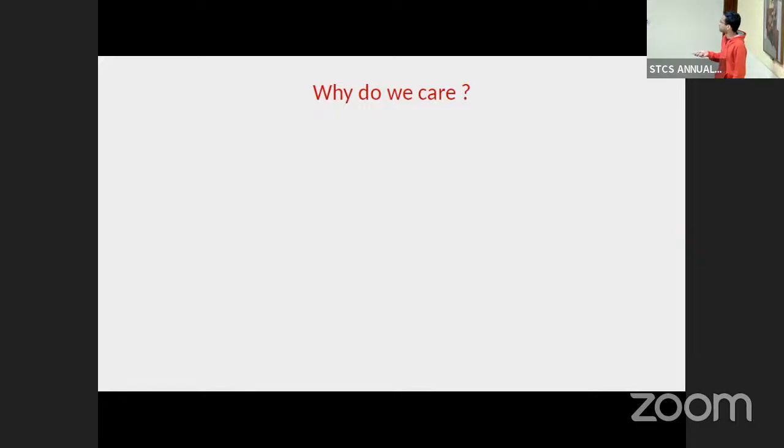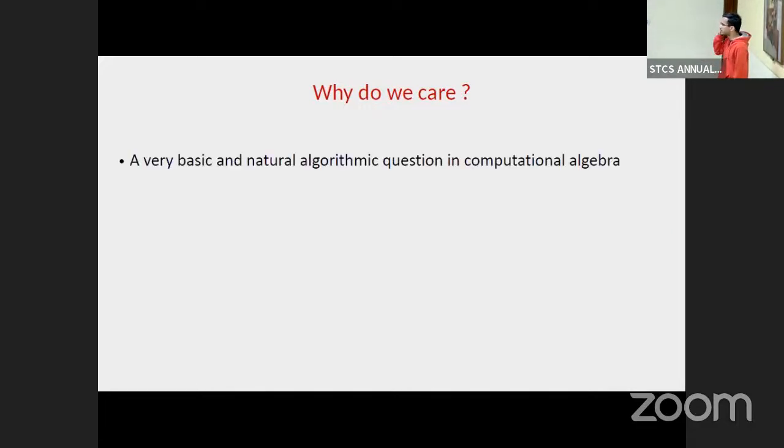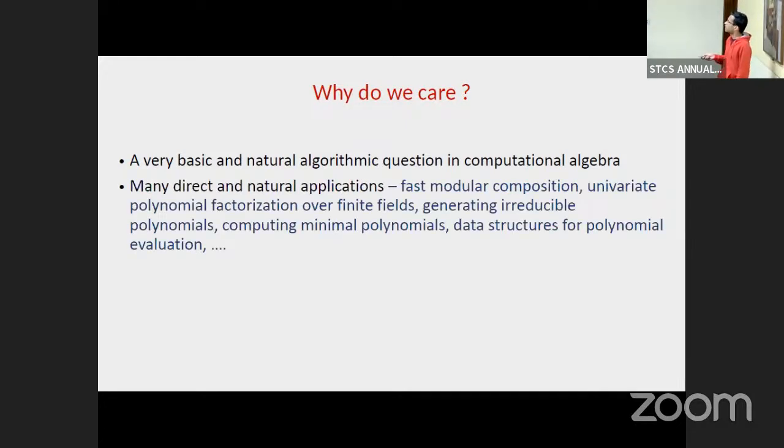I'll tell you some more about what's known about this problem, but let's first ask why we care. I think the reason to care is that it's a very basic and natural algorithmic question about polynomials. We use polynomials left, right, and center, so we should be able to evaluate them faster than something trivial. If this doesn't make you happy, there's a laundry list of potential applications.